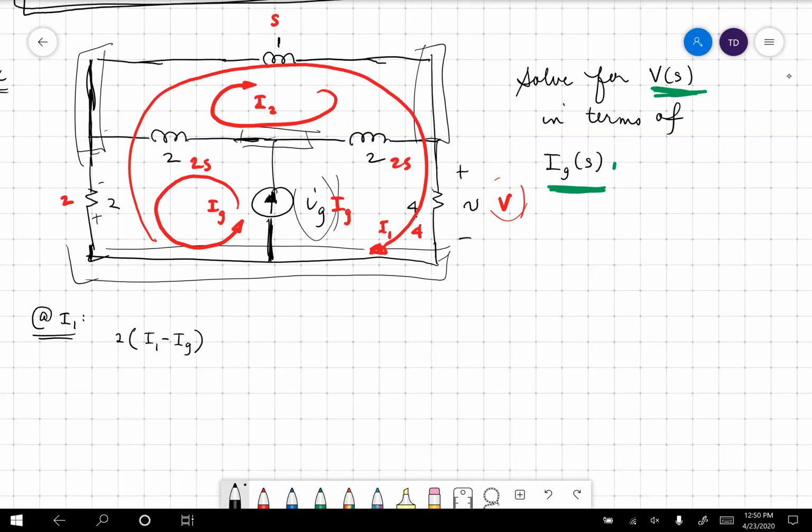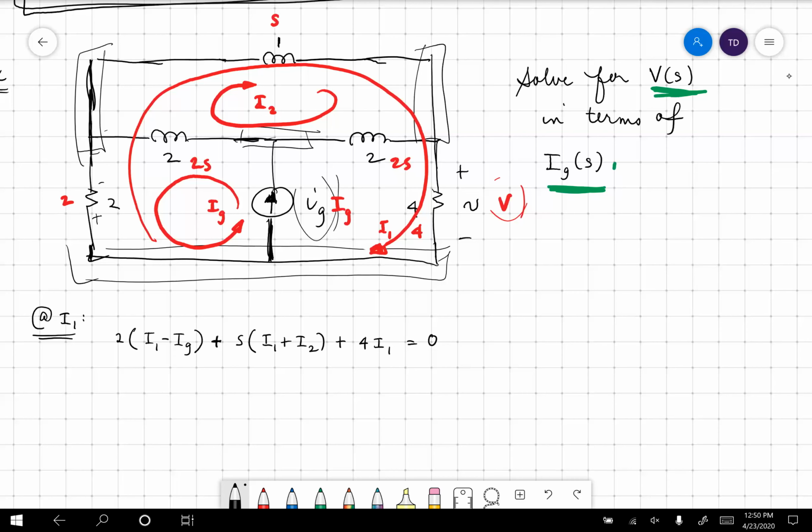Continuing around, I2 and I1 go through that upper inductor in the same direction, so it's plus S times I1 plus I2. And then the last one is just plus 4 I1. Sum those up, they're equal to 0. All right, that's not too bad.